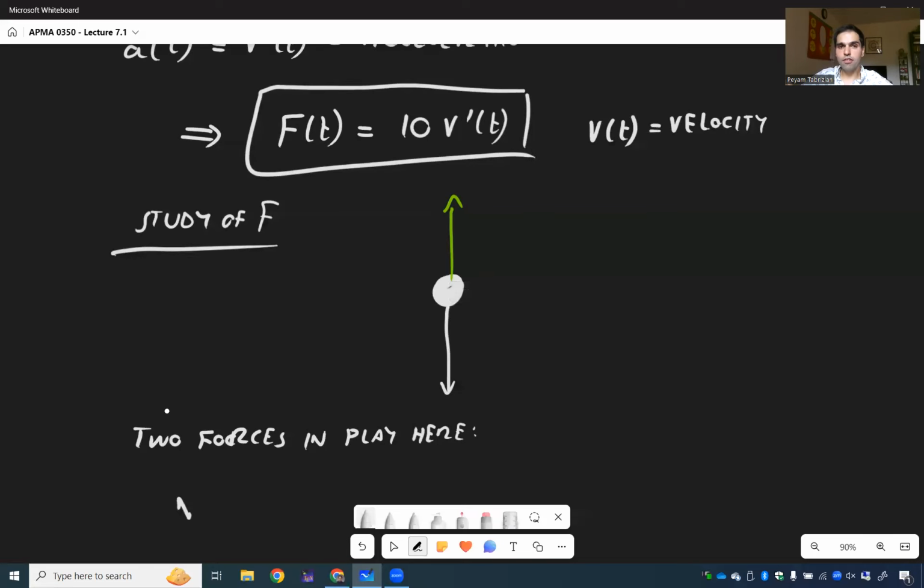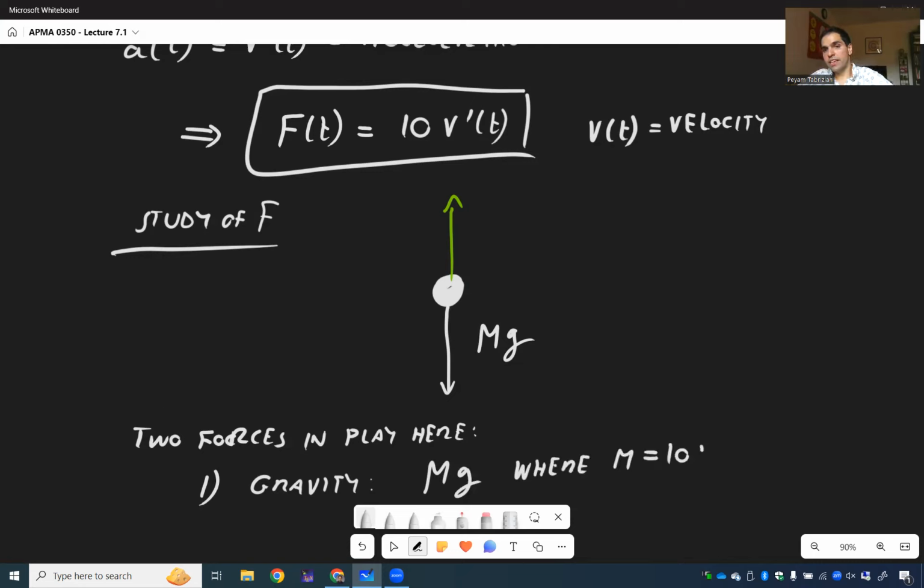One, again, being the force that pulls the ball down, which is gravity. And gravity here is given by mass times gravitational constant. So m times g, mg, where m is, as usual, 10 kilograms. That's just the mass.